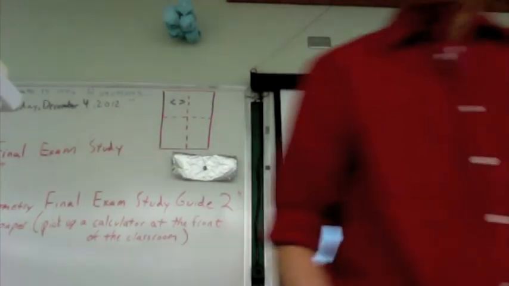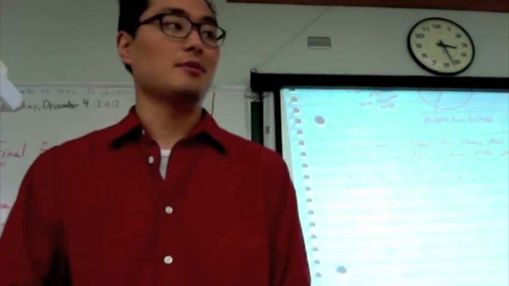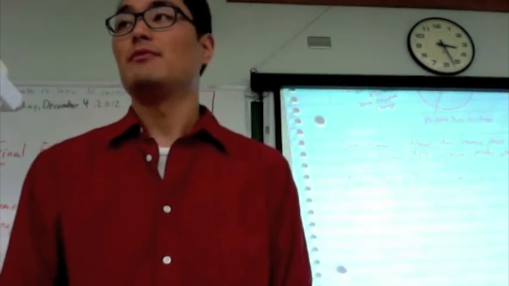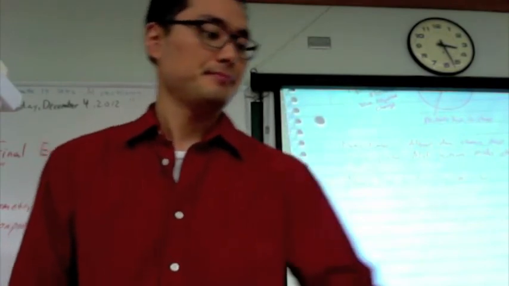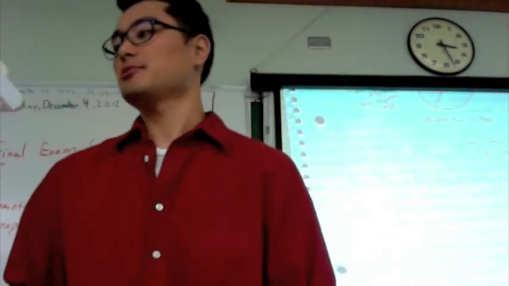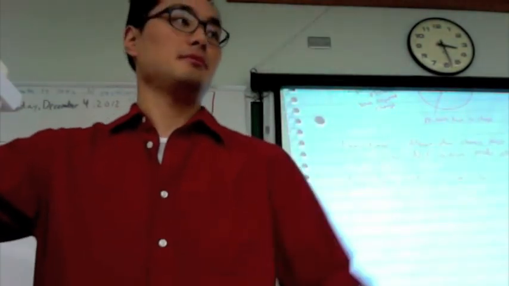Pass those over. You get another one even though you're in my class. This is now the after-school review guide. You need one more? Any extras? Good. There's an extra. You can write on these.